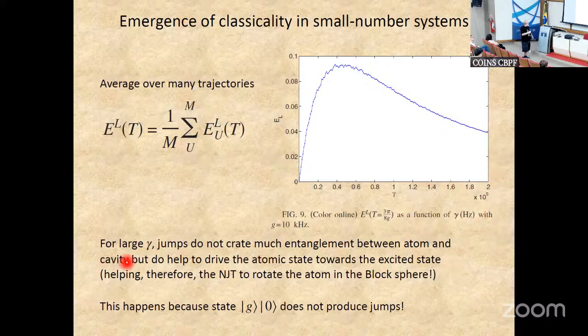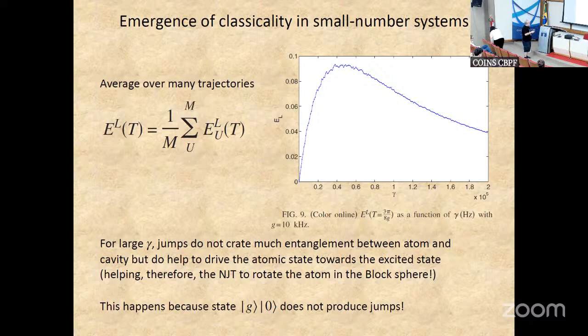So jumps do not create much entanglement between the atom and the cavity, but they actually do help to drive the atomic state towards the excited state as well. So not only does the no jump trajectory guide my system through the Bloch sphere, but whenever I get a jump, I get an extra bump towards the state that I want. Why? Because G0 cannot produce jumps. So obviously, if I get a jump, I favor state 1 of the atom, okay?